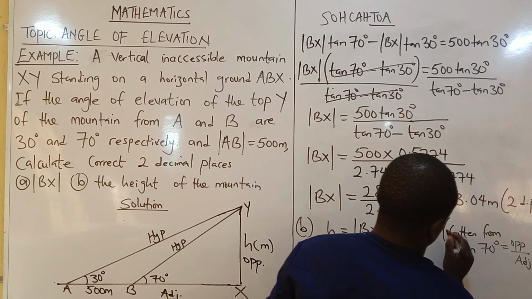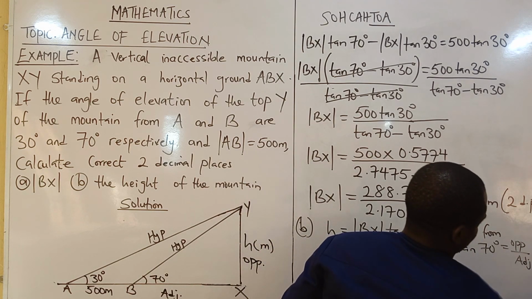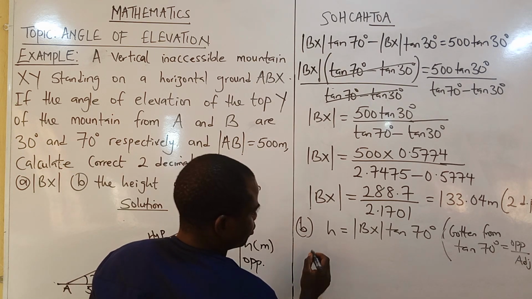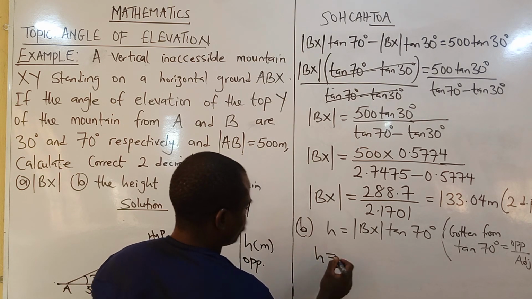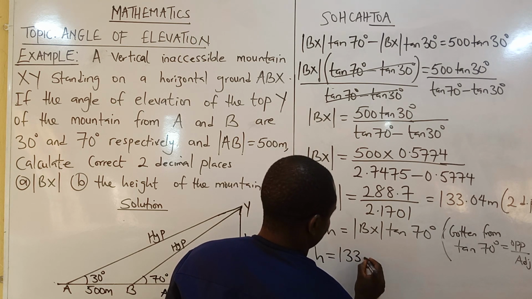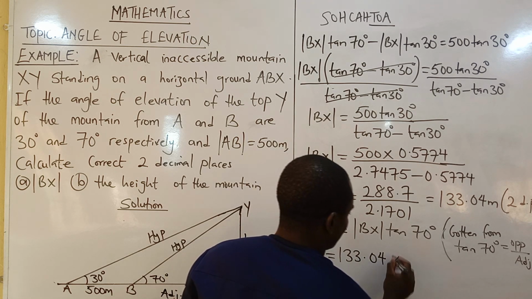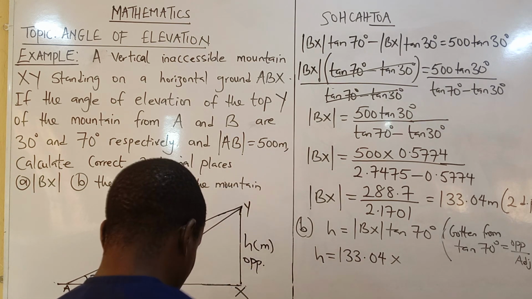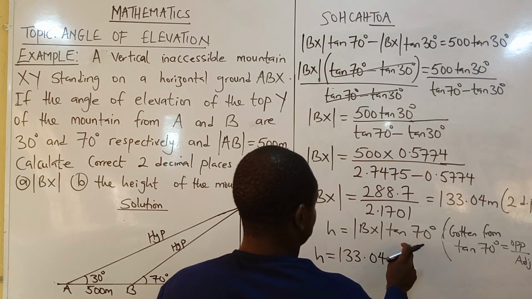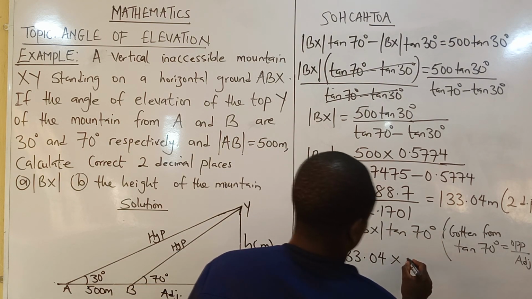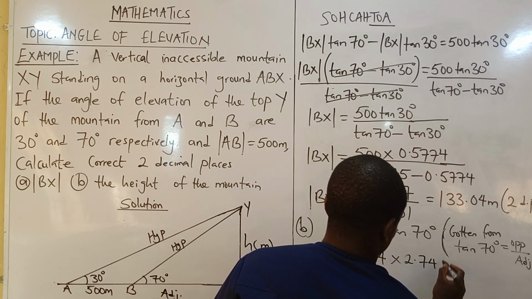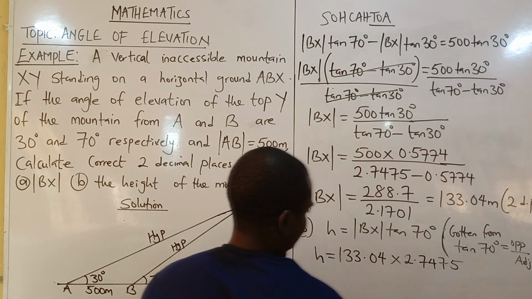Okay, now you have H, because line BX you got to be 133.04, multiplied by tan 70 degrees, which is 2.7475.